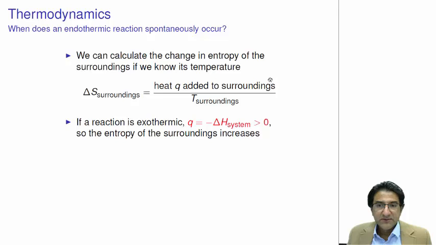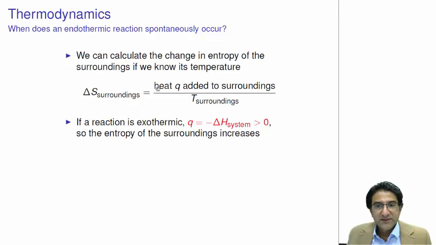Because, well, if a reaction in the system is exothermic, delta H is negative. That means the energy of the system decreases and the energy of the surroundings goes up. So we have to have a negative sign making this whole quantity positive, and that is the heat added to the surroundings.